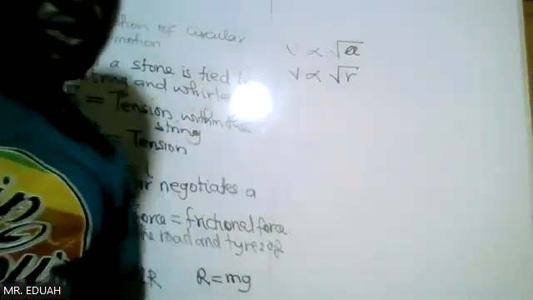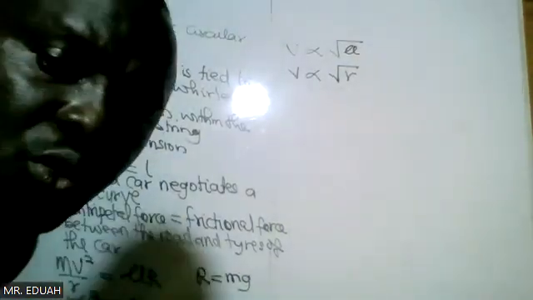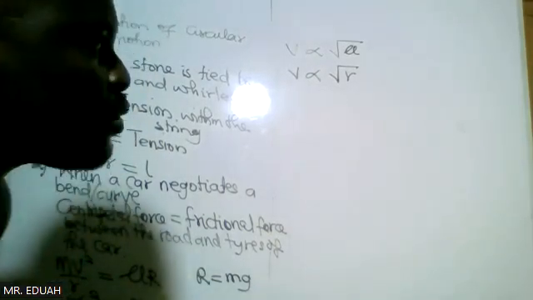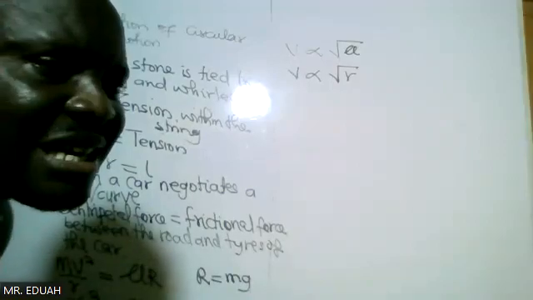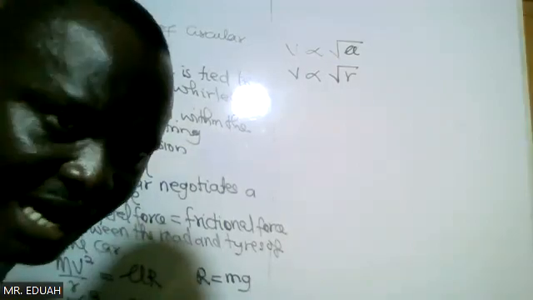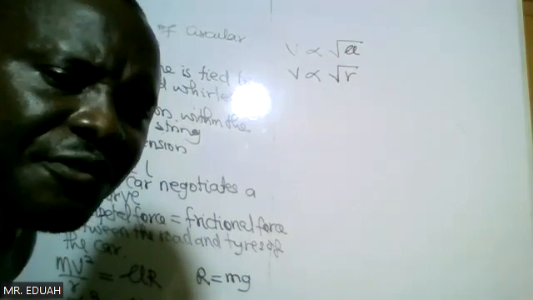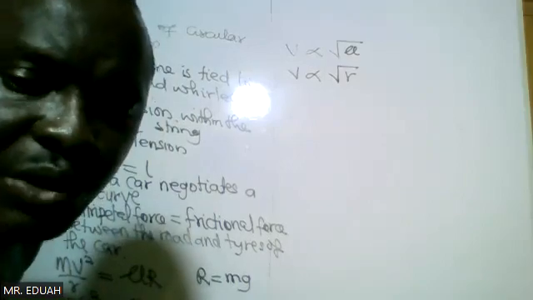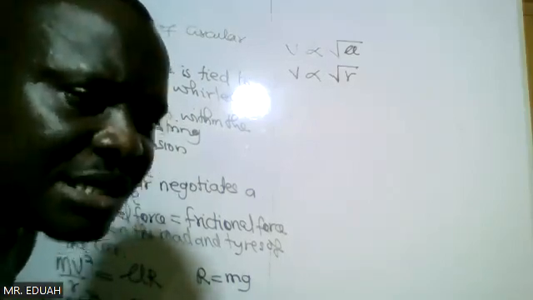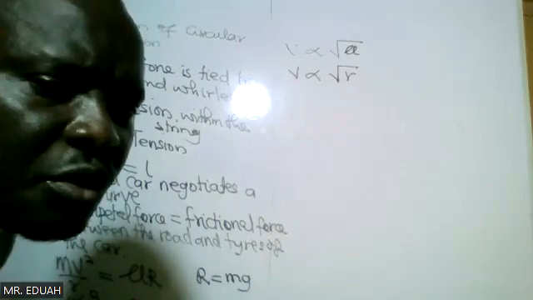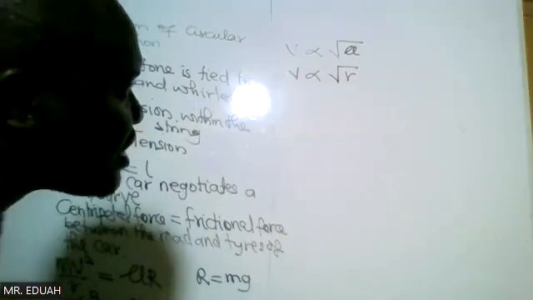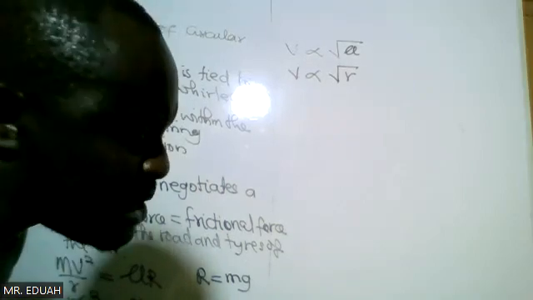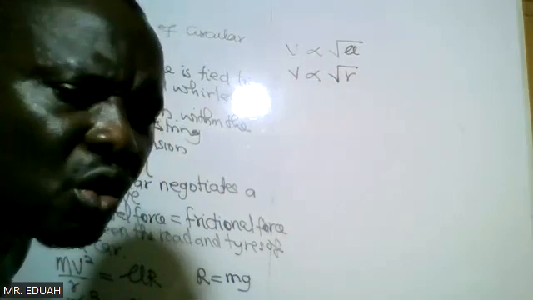What is mu? Mu has to do with the nature of the surface of the road. If the value of mu is greater, it means the surface of the road is very rough. If the value of mu is small, it means the surface of the road is very smooth.